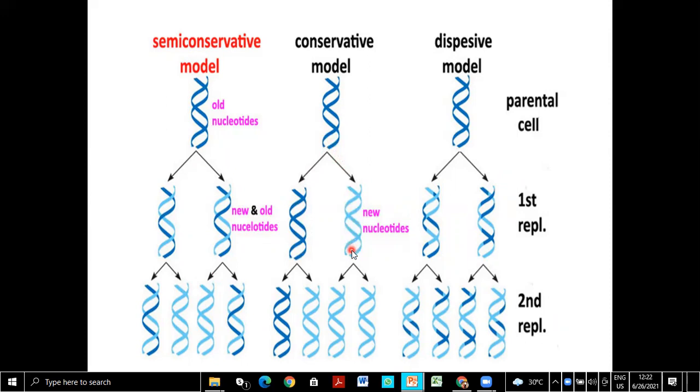And the two new nucleotide strands get together and form the second, new molecule. So in one, both strands are the parental ones, and in the second one, both strands are new. Both the parental strands are conserved, so it is called the conservative mode of replication.